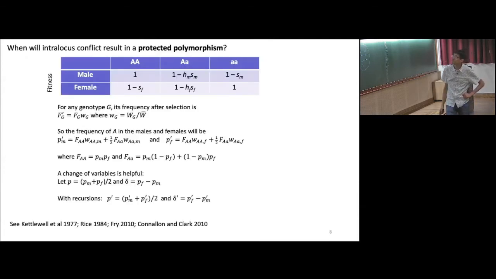Okay, so here is the setup for that kind of model. I've changed the symbols now. I have big A alleles and little a alleles.